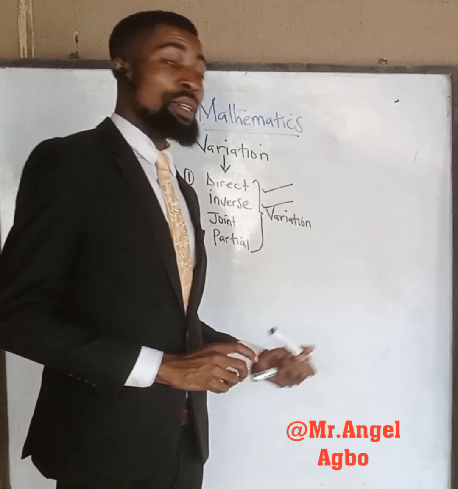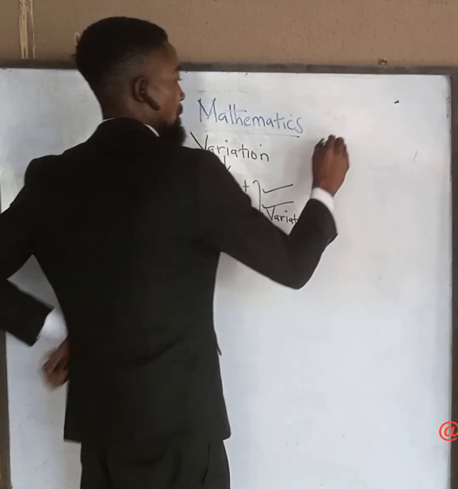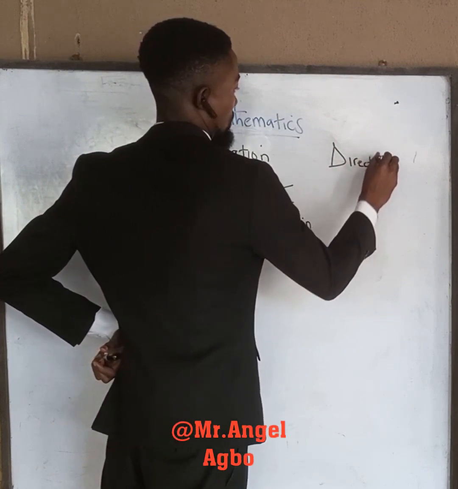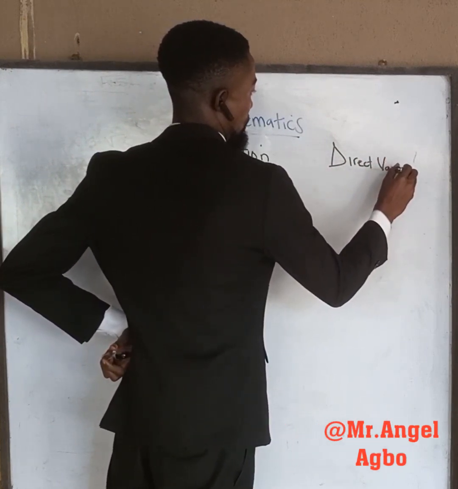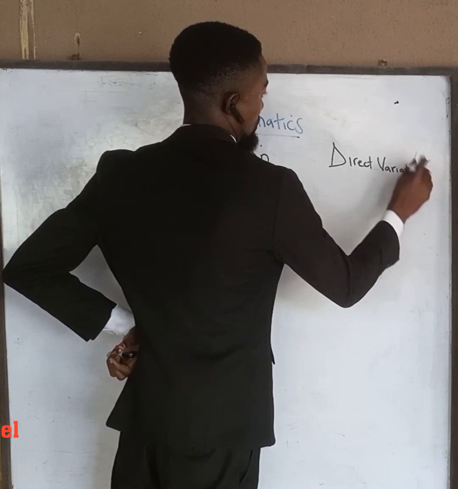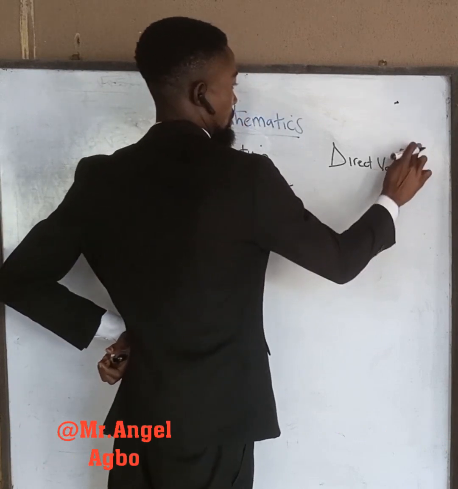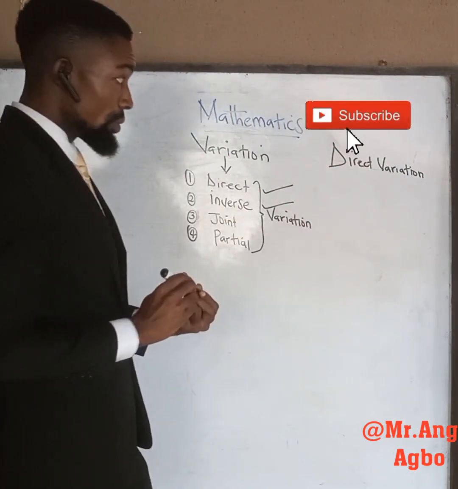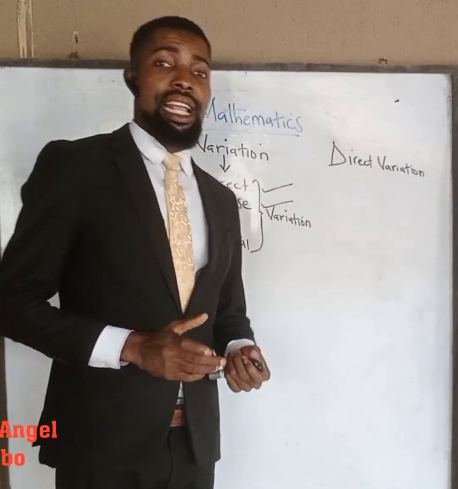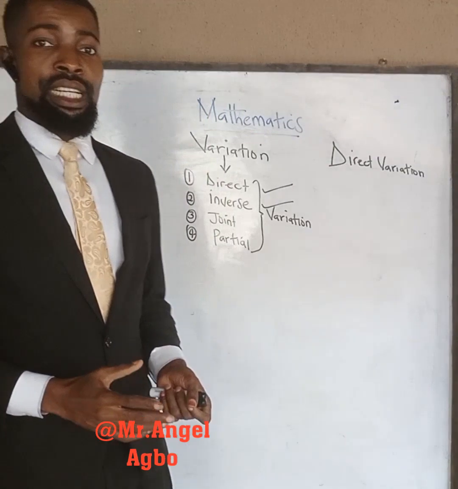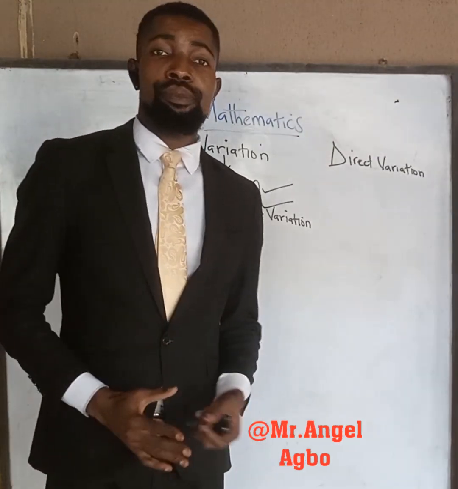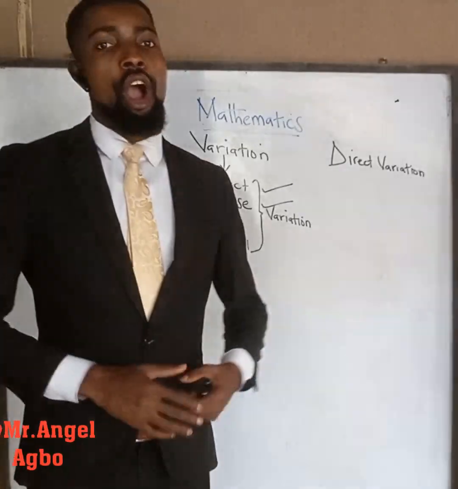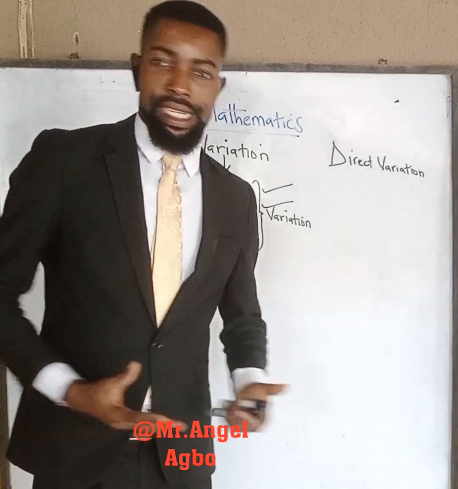Under this direct variation, it is a type of variation that forms a relationship between two variables, two objects, two things.